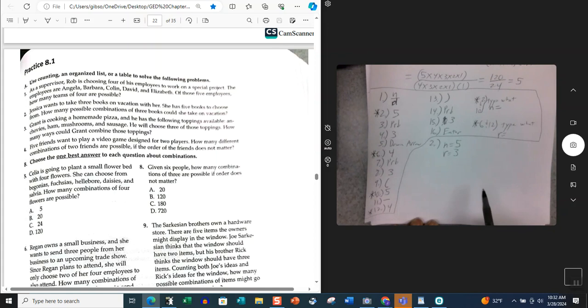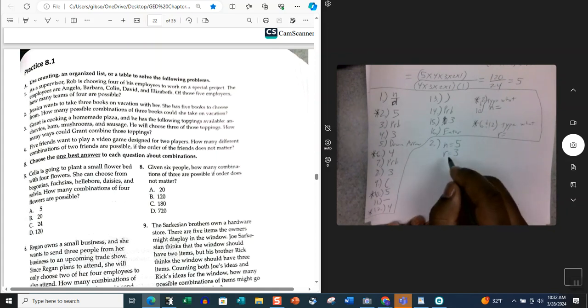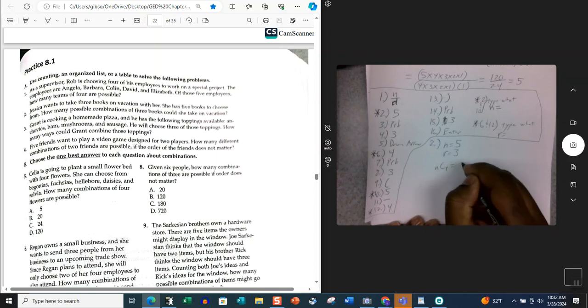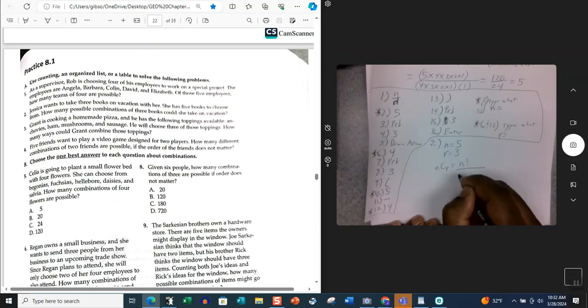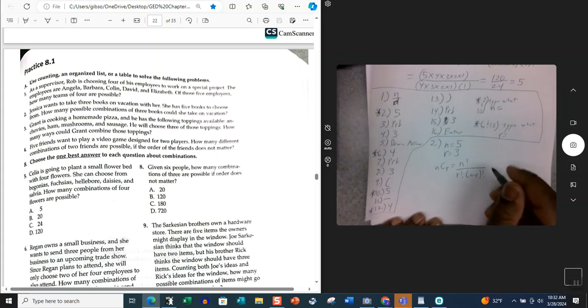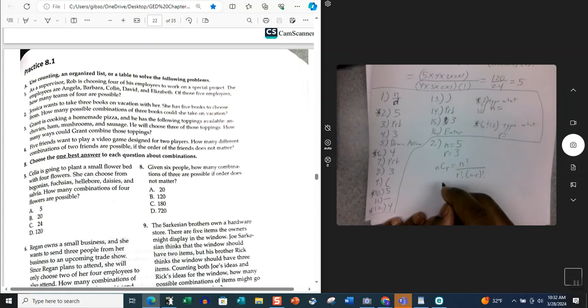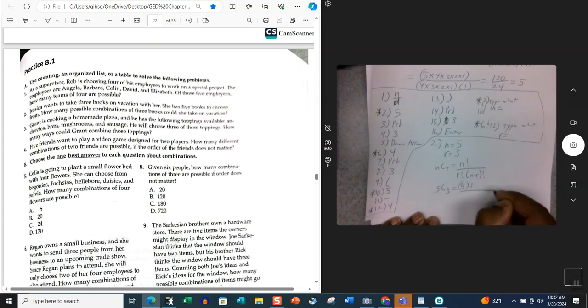So we would take the formula that we used earlier. Now the formula is nCr is equal to n factorial over r factorial times n minus r factorial. Now we could go through and substitute. N is 5, r is 3. So we would have 5 factorial in our numerator.